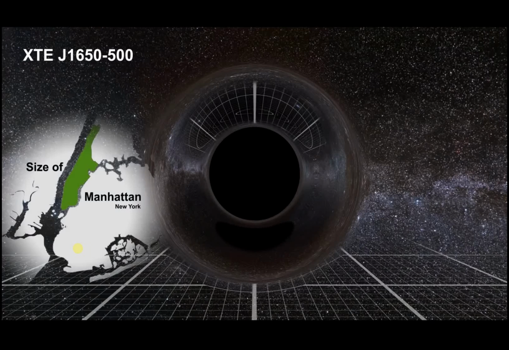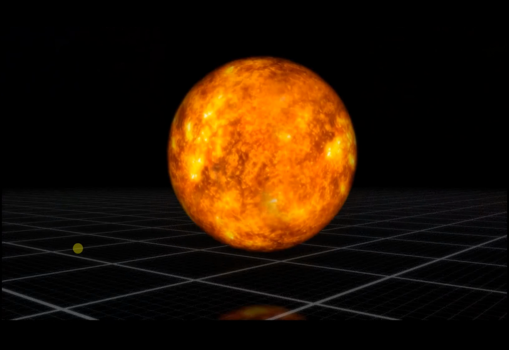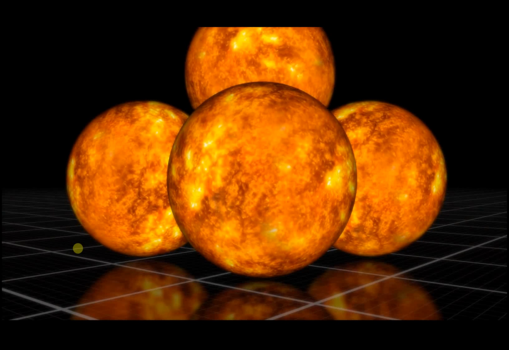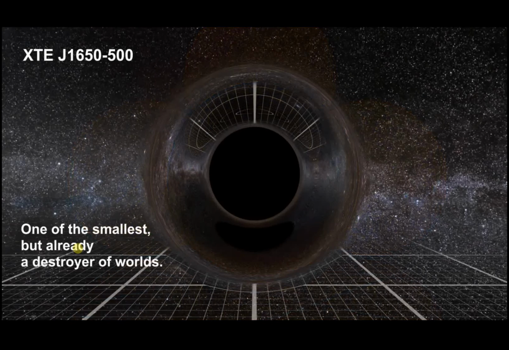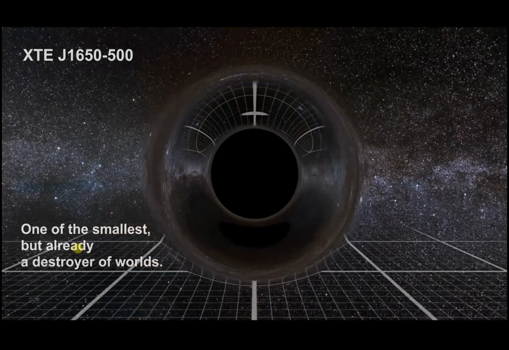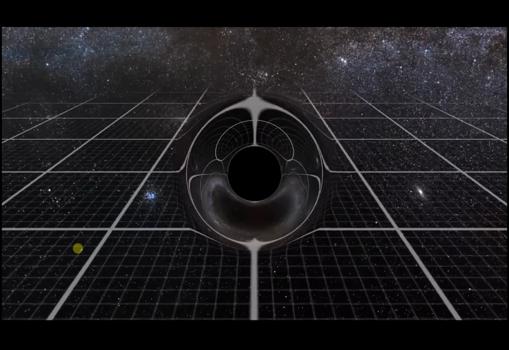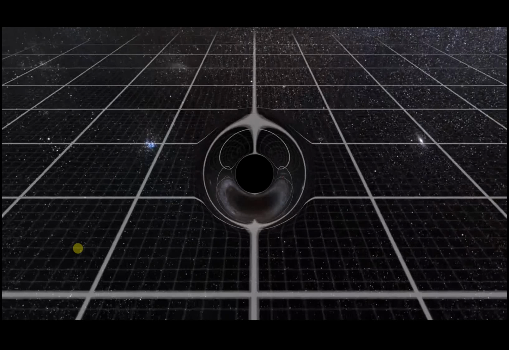Here's a nearby black hole, fairly small. So that one has the mass of what? 3 to 4 of our suns. Let's kick it up a notch.